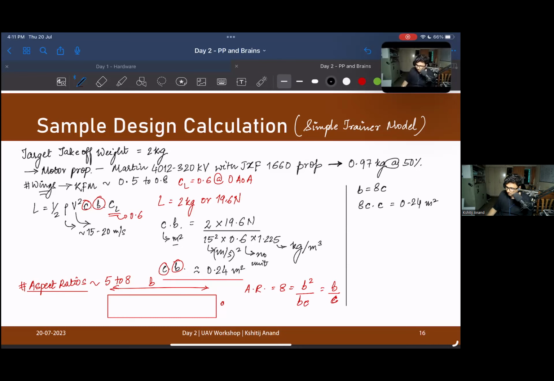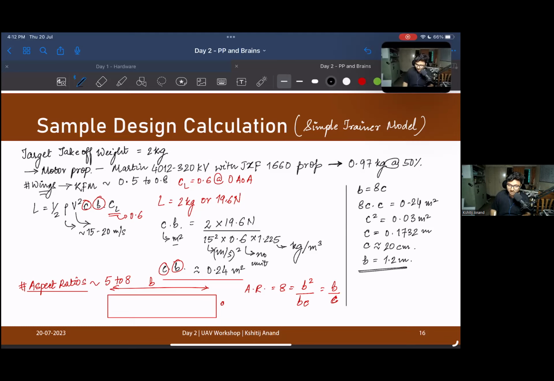If I solve, C square is going to be 0.03 meters square, and root over 0.03, C is going to be 0.17342 meters. So I'll approximate C to be roughly 20 centimeters. And if I take that, then B is nothing but 1.2 meters.